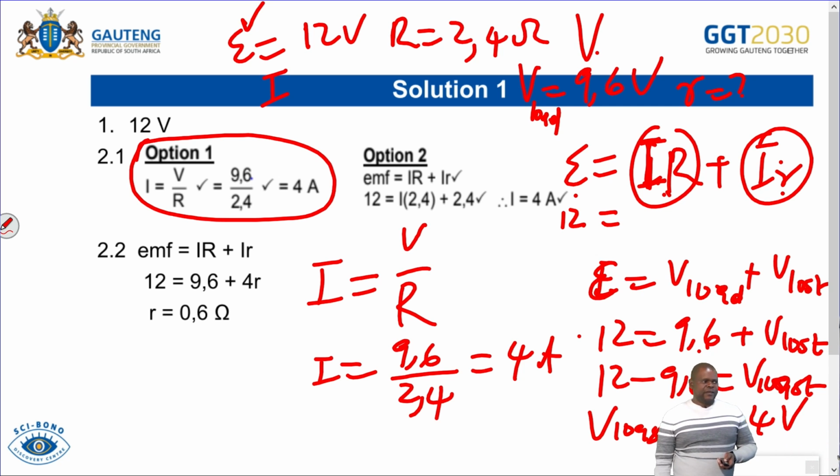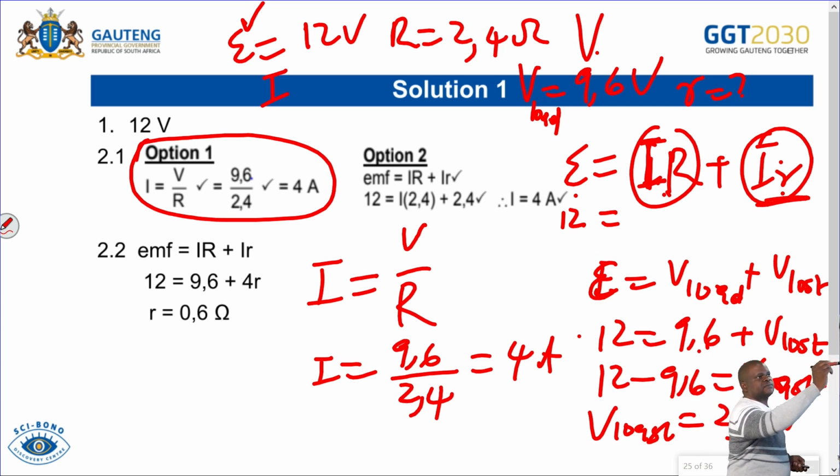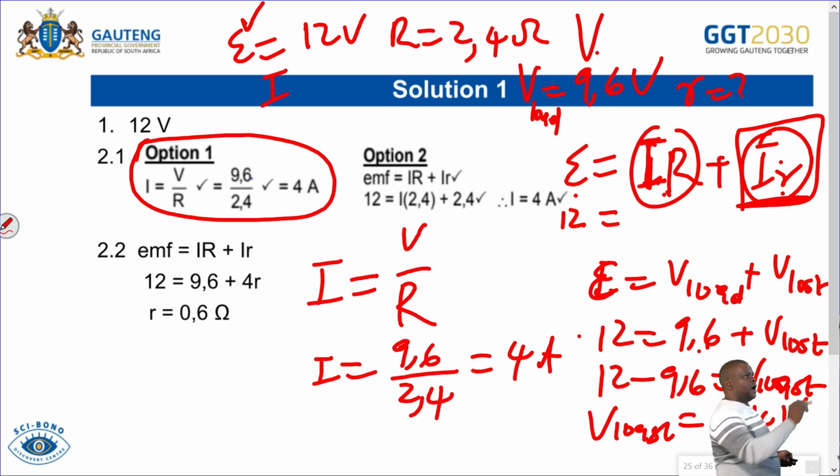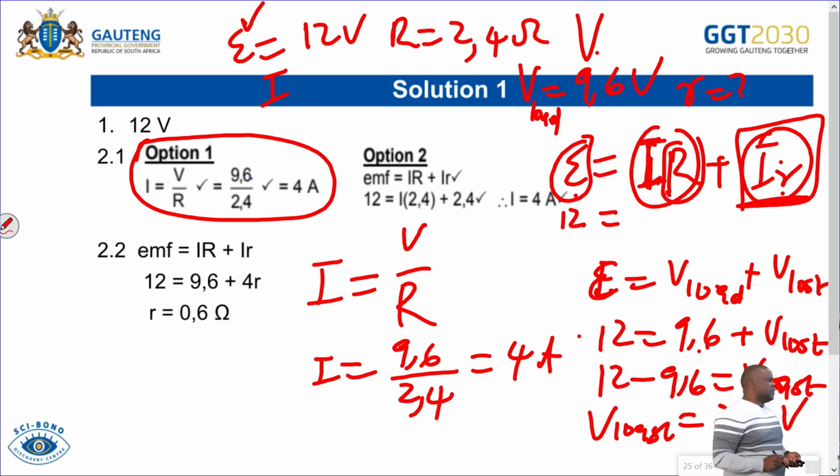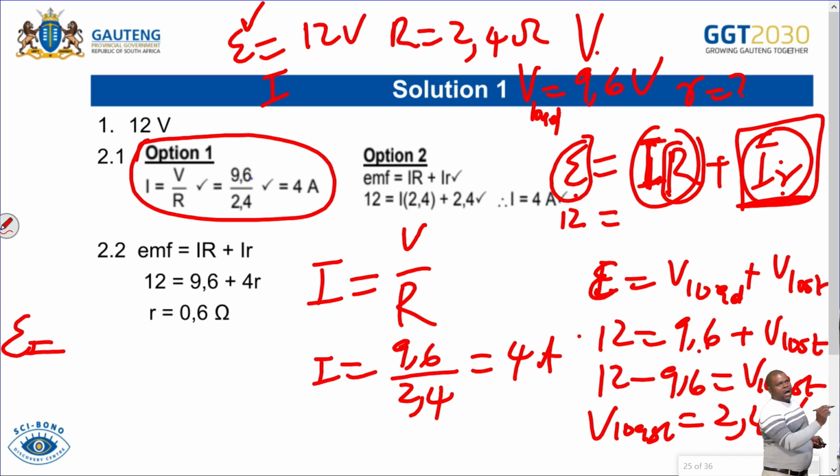is going to give us 12 minus 9.6, which is 2.4 volts. Can you see? Yes. Then now we got this. We know how much is this, and we know how much is this. Then now we can say from this formula, E is equal to IR plus V lost.